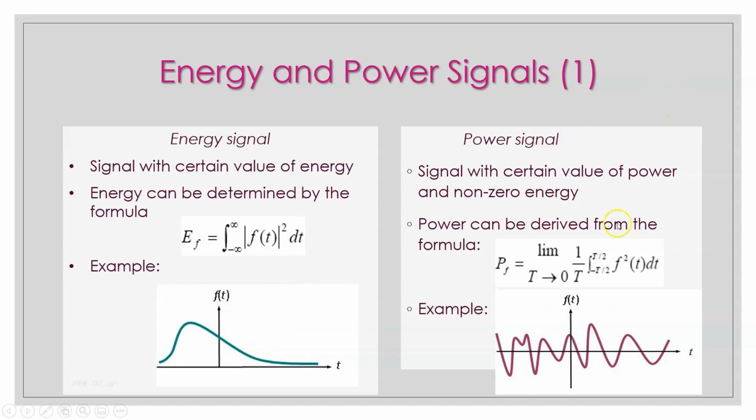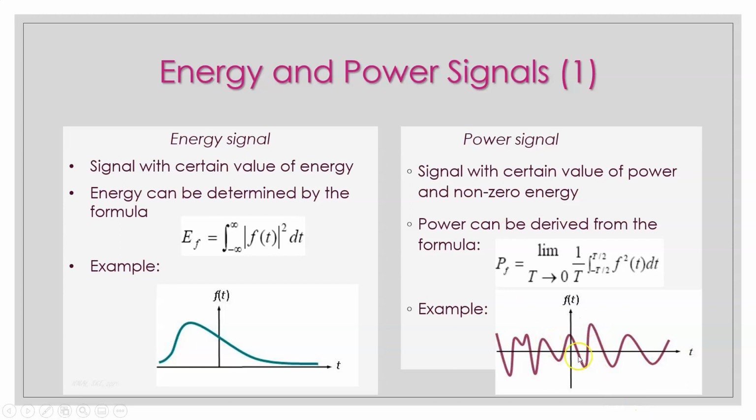On the contrary, the power signal has a certain value of power and non-zero energy. Why does this power signal have non-zero energy? Because it has many peaks. It's not like, if you say calm and then somehow it has a peak, it's not like that.